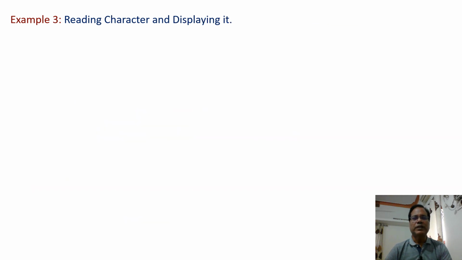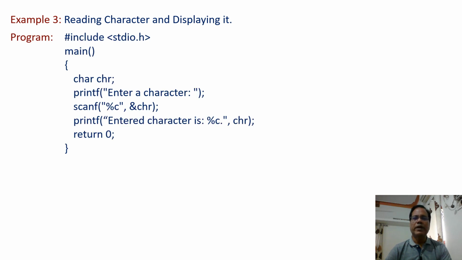Now let us discuss how to read a character data and display it on the output screen. Again we will discuss through an example program. In this example program, the character variable chr is declared, because to read and display the character data we need a character variable.